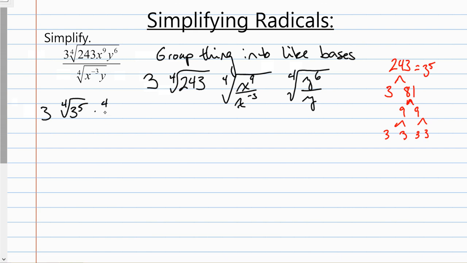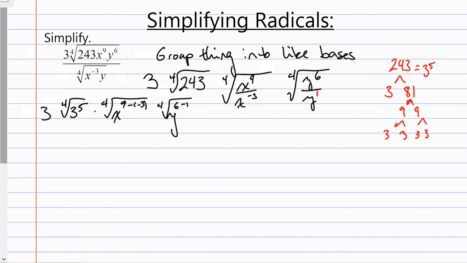times the 4th root, and I'm going to use my rule of exponents. I'm going to have x to the 9 minus a -3. And then the 4th root, same thing here, a y to the 6 minus 1. Remember the power on that y there is a 1.